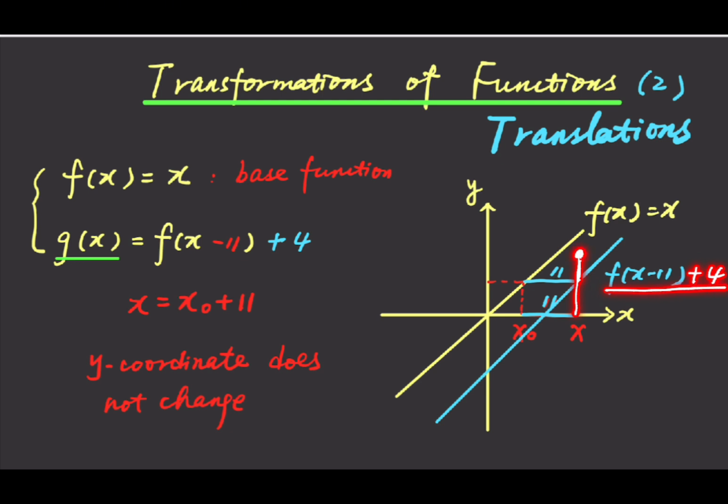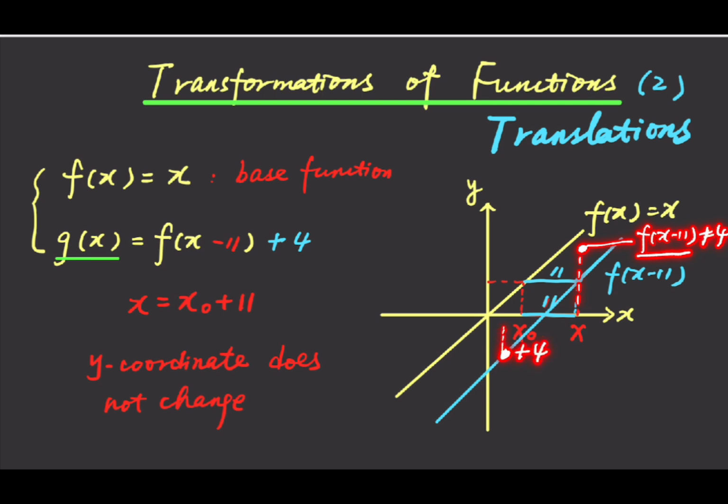Here, we assume this is the f(x minus 11) plus 4. So you get the first corresponding point. Similarly, for every point on the blue graph, you need to guarantee the x coordinate unchanged, but on the basis of the point's y coordinate, add 4.